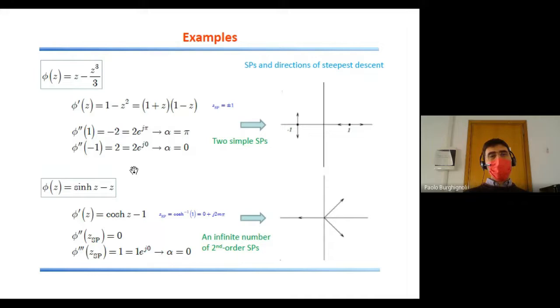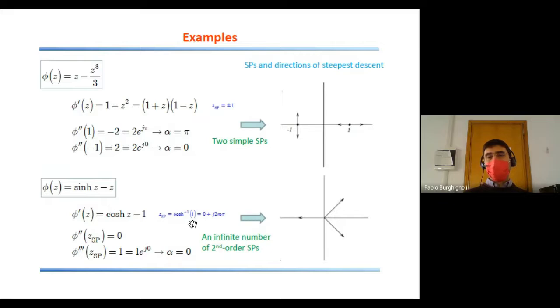Another example is the second one in this slide, in which the function phi is equal to the hyperbolic sine of z minus z. Let us evaluate the first derivative, which is the hyperbolic cosine of z minus 1. We equate this to 0, to discover that the saddle points are the inverse hyperbolic cosine of 1.